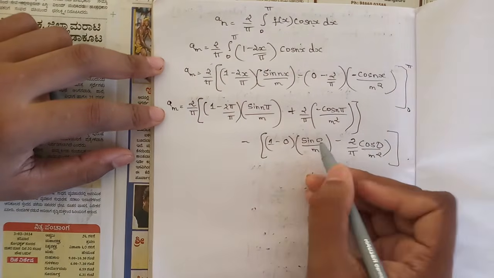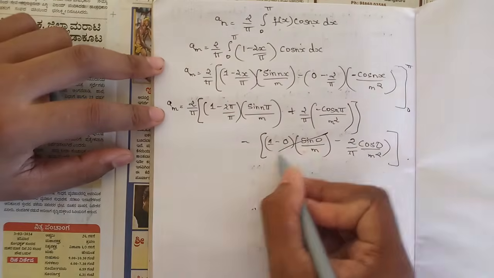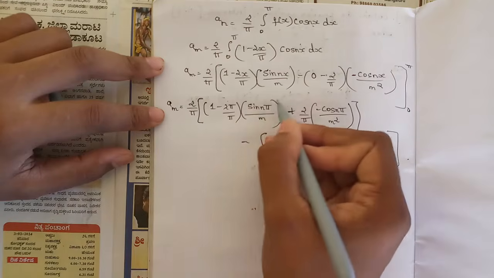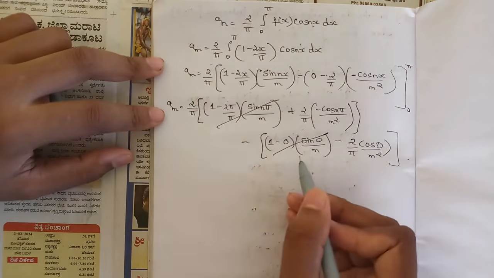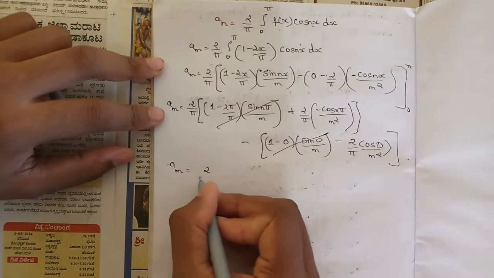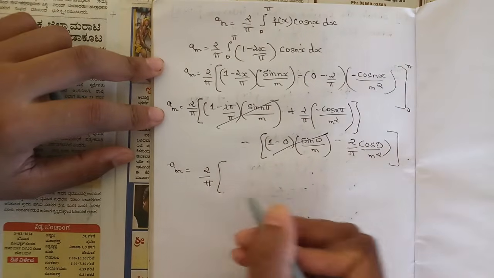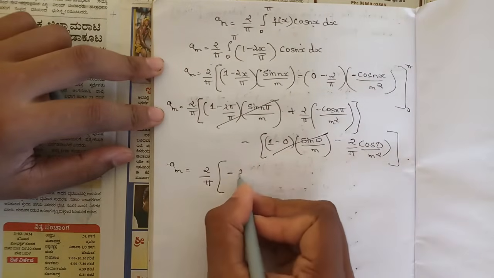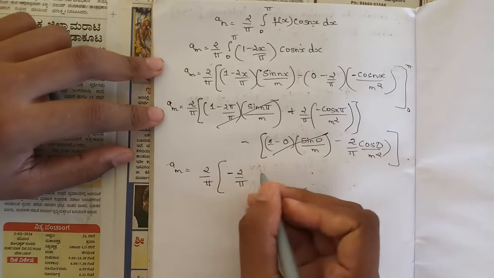Here sin 0 is 0, we know that sin 0 is 0, so this term gets cancelled, and sin n pi is also 0, so this term also gets cancelled. These two terms get wiped out. Here again plus into minus is minus, so we'll write minus 2 by pi.